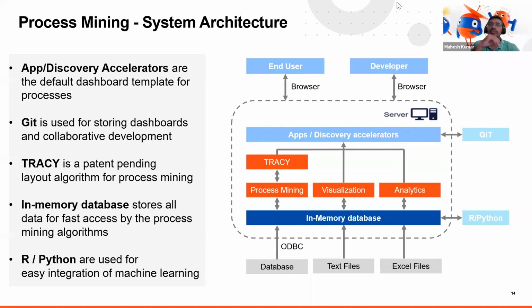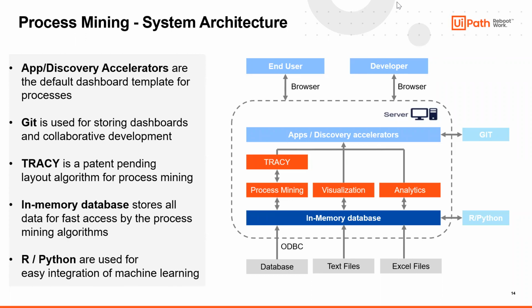No, we'll talk about these roles in detail, Sitaraman. For now I can say a developer is someone who can develop your own apps and upload them on process mining. Or if you want to use an existing app and make some modifications on the dashboard side, or someone asked how we do the mapping, that mapping, or if you want to customize anything there, that is done by process mining developers.